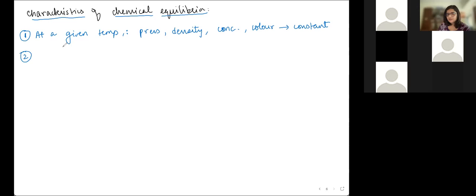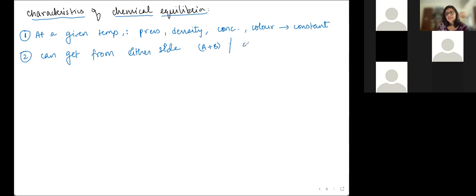Okay. You can attain equilibrium from either side. So this is a new thing, this we didn't see with physical equilibrium. Either side matlab, either you can start the reaction with A plus B and you get C plus D, and then at some point equilibrium will happen.